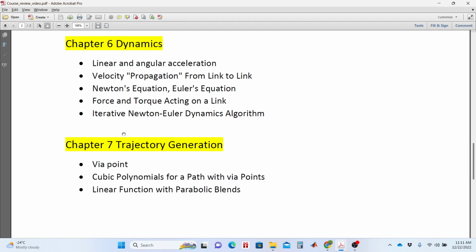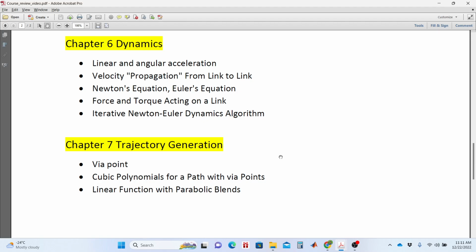At last, in chapter 7, trajectory generation, we have learned different points like starting point, end point, via point, etc. And besides, in trajectory generation, we actually learned a method, cubic polynomial for paths, and we have learned it for some general cases with via point and without via point.